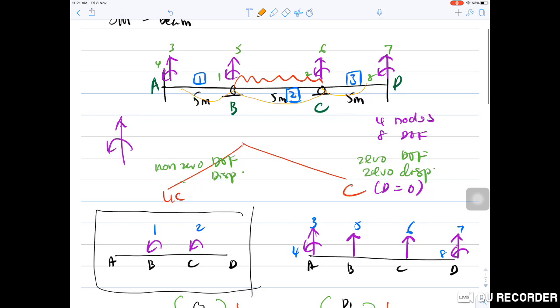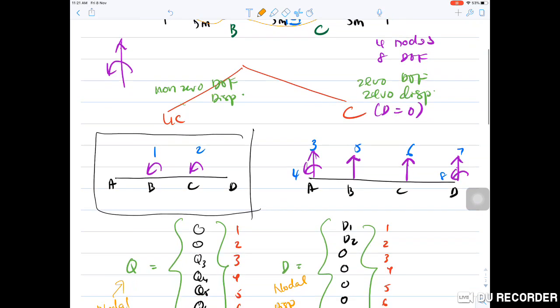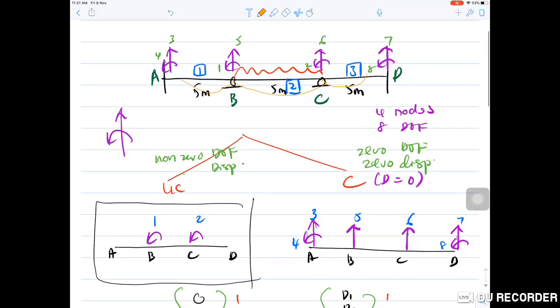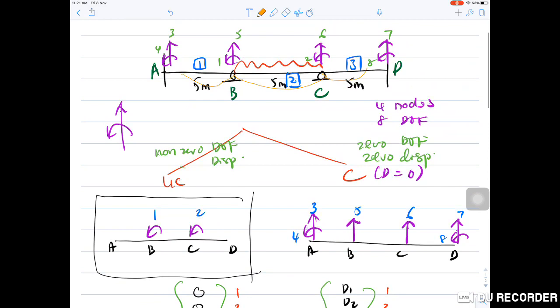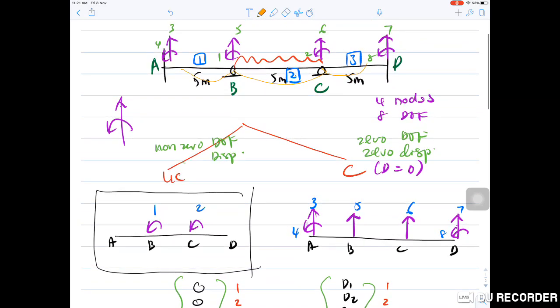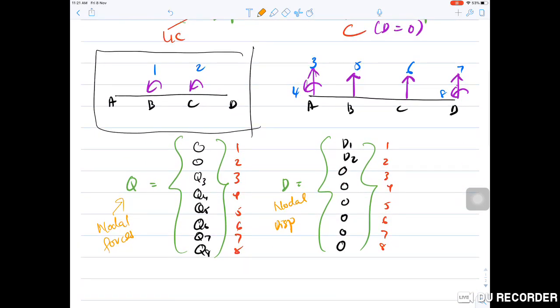Look at the diagram, there is no moment, so the value is 0. Q2 means moment at C, and again there is no moment at C, so the value is 0. Q3 until Q8 is reaction at the support because it occurs in the constrained system.